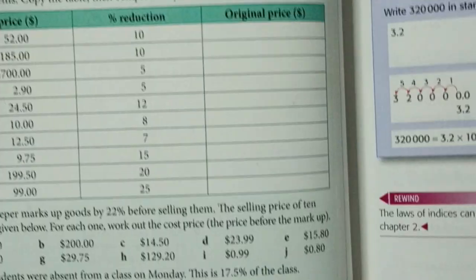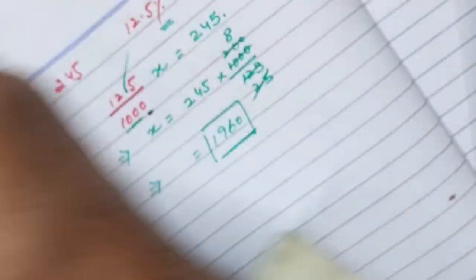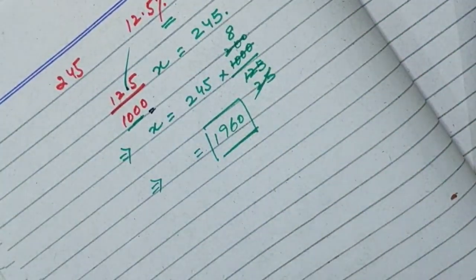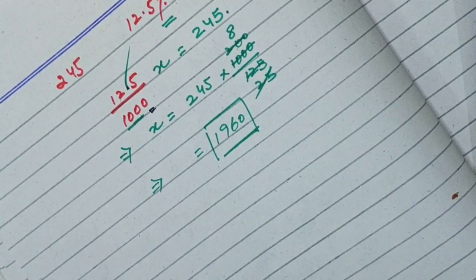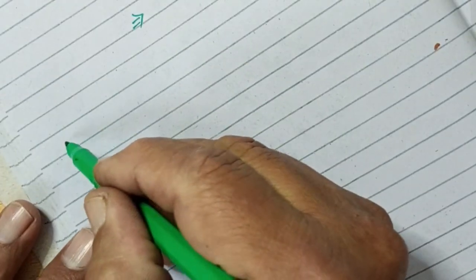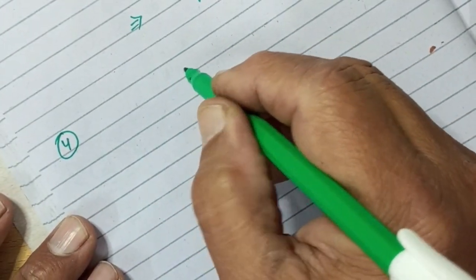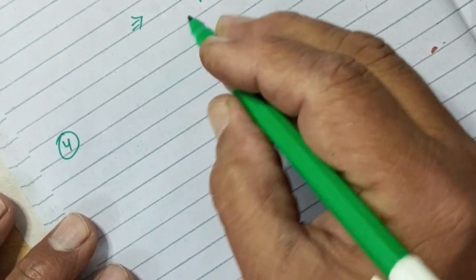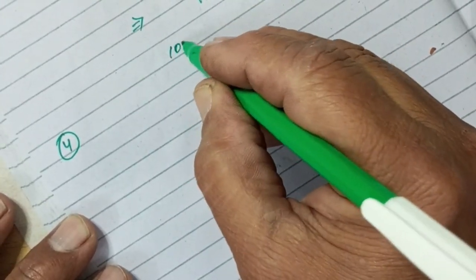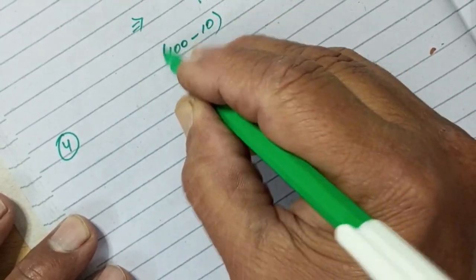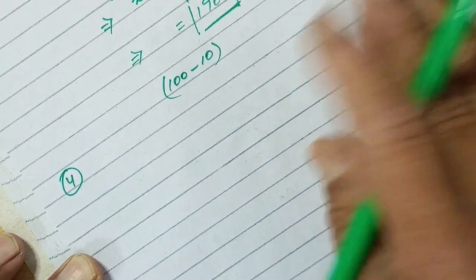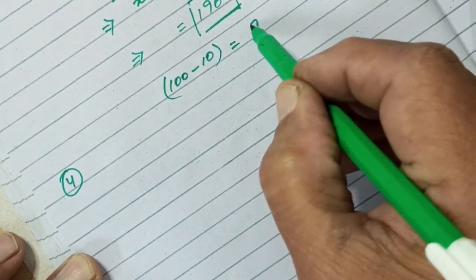Okay, now what will we do? We will write the same formula. This is question number 4. Now it is 100 minus 10, for this part only, it is 90.